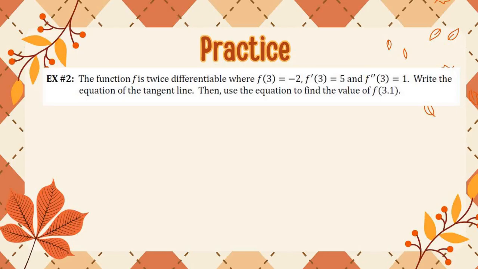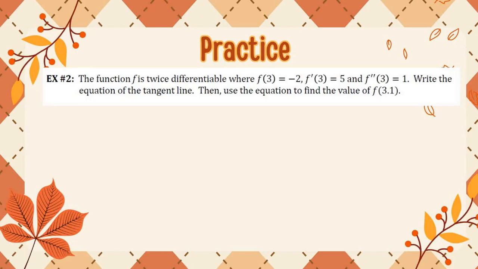If it gives you a function, usually it's going to tell you what it wants your a value to be. Otherwise, it would be something really obvious, like if it says approximate 0.1, I'm going to use 0 as my original a value. Does that make sense? Most of the problems I've seen give you something like that. I'm not going to say always, because I haven't looked at all the different things, but most of the time, yes.